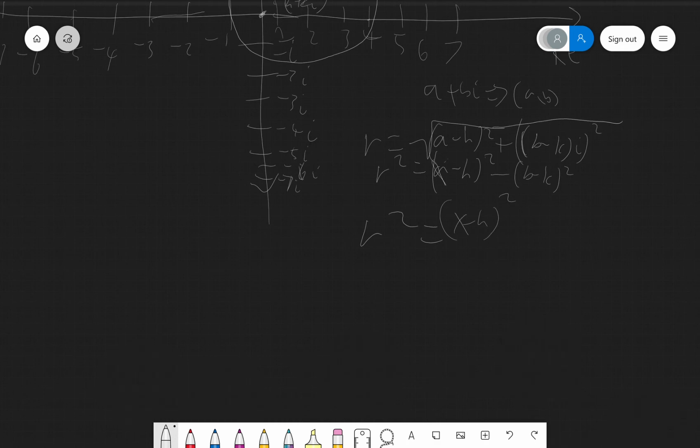So this is x, this is y. We can actually simplify this too. We can simplify this to r squared equals, and now you can use difference of squares. So we have x minus h minus y minus k.